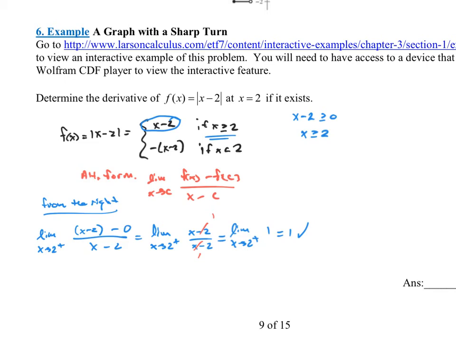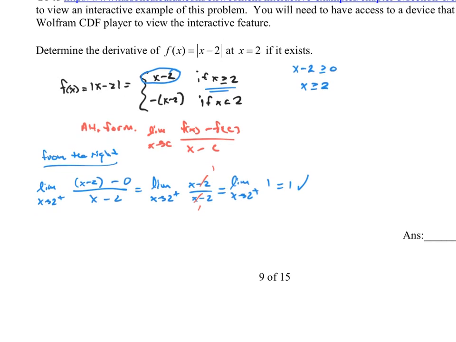Let's look at it from the left. From the left would be less than 2, so we would be using the function as the negative quantity x minus 2. So this would be the limit as x approaches 2 from the left of f of x, which in this case is negative x minus 2, minus f of c, which in this case is f of 2, which again is 0, all over x minus c, which in this case is 2.